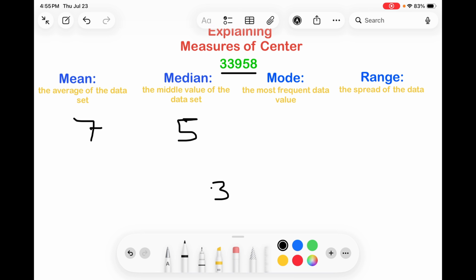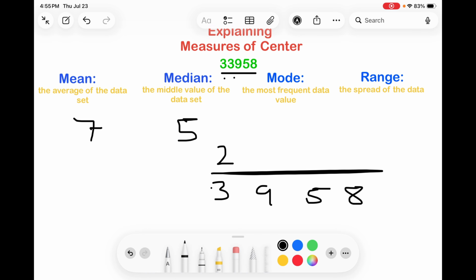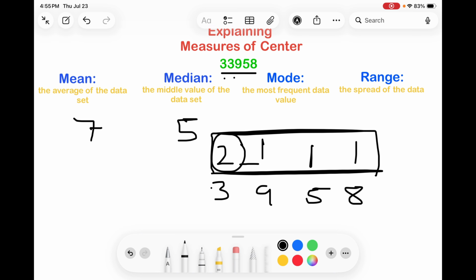So we have 3, 9, 5, 8. So 3 repeats itself, let's see, 1, 2, 2 times. 9 repeats itself once. 5 repeats itself once, and 8 repeats itself also once. So by looking at this, you can see that 2 is the greatest number out of all of these. And which data value had occurred 2 times? 3. So this means that 3 is our most frequent data value. There you have it, that's your mode.